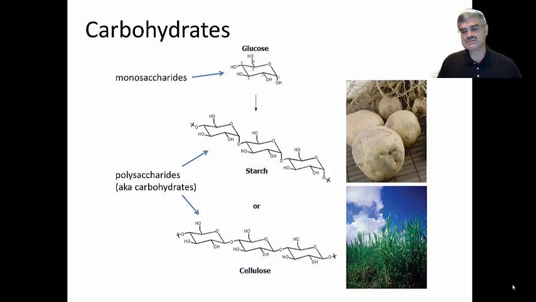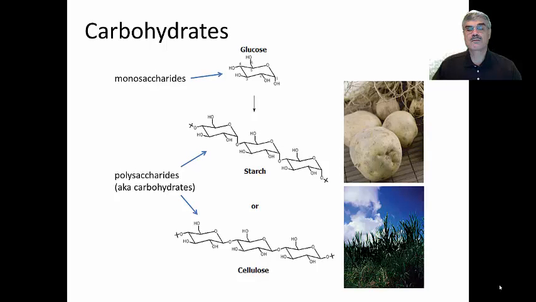Of course, cellulose plays a structural role in plants. We've said that a theme of biomolecules is that they are made from a relatively few number of building blocks. And in fact, starch and glycogen and cellulose are each made of repeating units of glucose. Now, there are other monosaccharides, but glucose is the dominant building block in forming starch and cellulose.